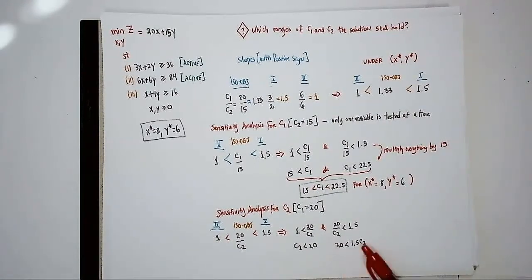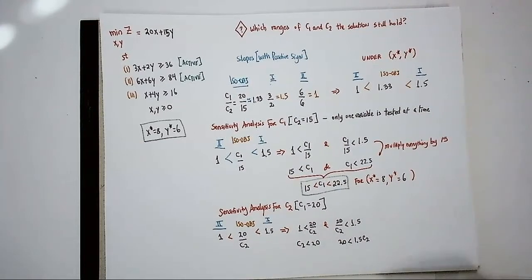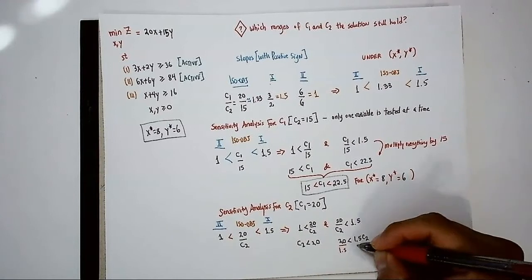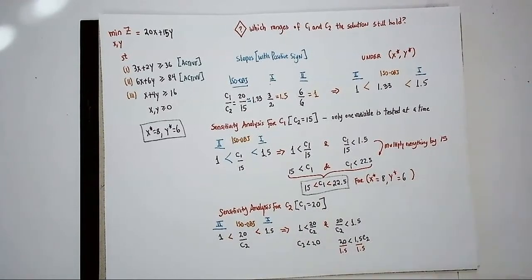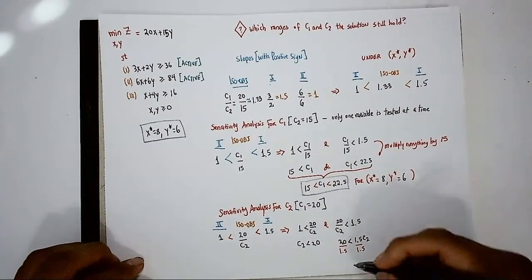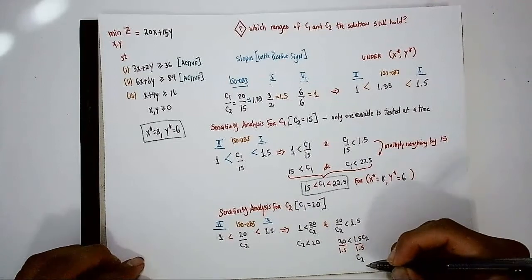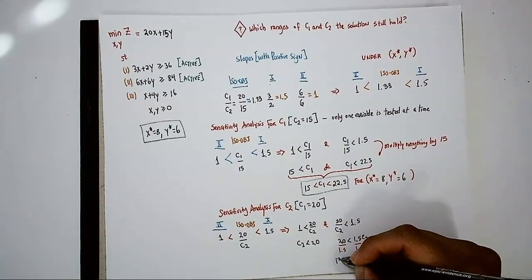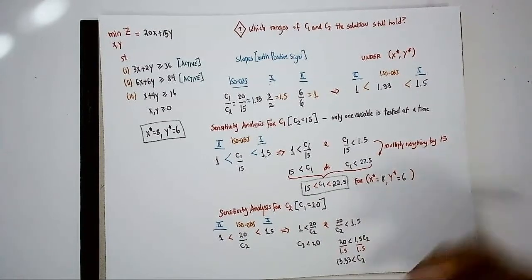In the second inequality, we can divide both sides by 1.5. This gives us a result that C2 is greater than 13.33.